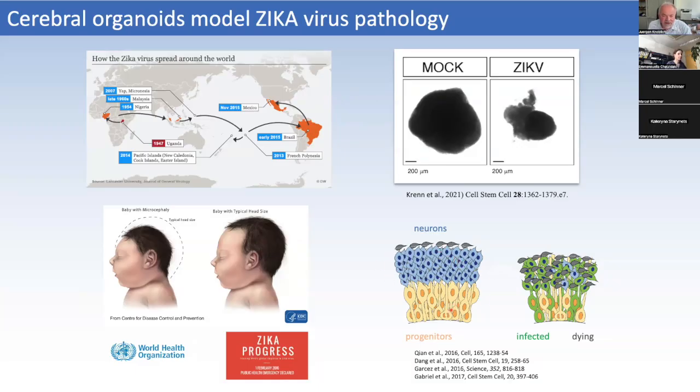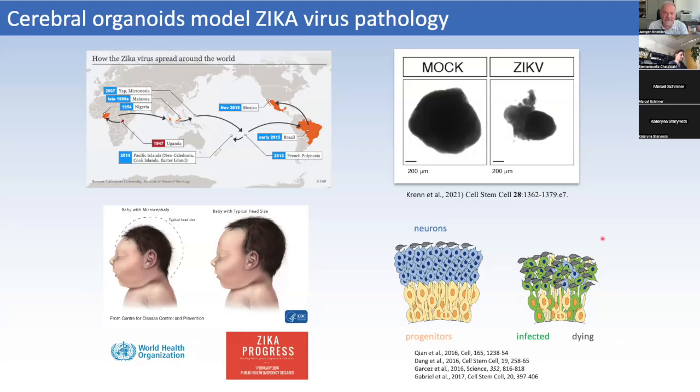But in the fetal brain, when the progenitor cells divide, the virus is inherited by the neurons, and it will then kill them over time. And the massive cell death that is happening in those neurons is responsible for the phenotype.